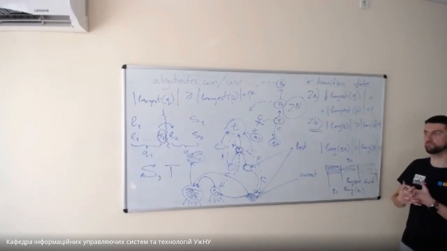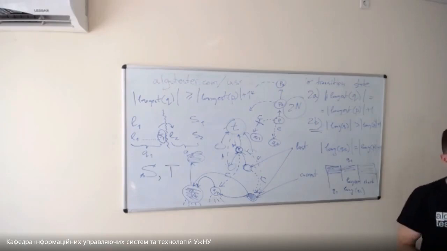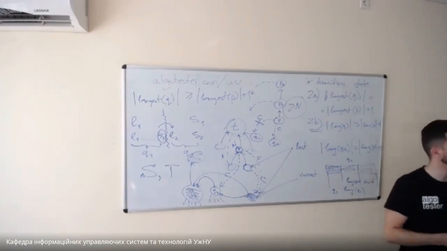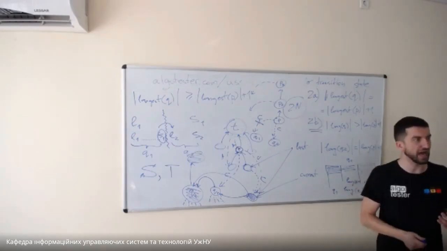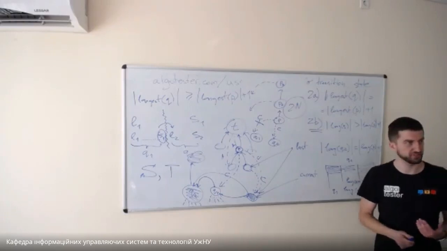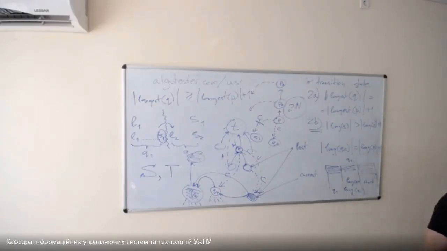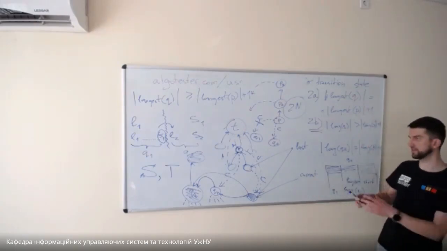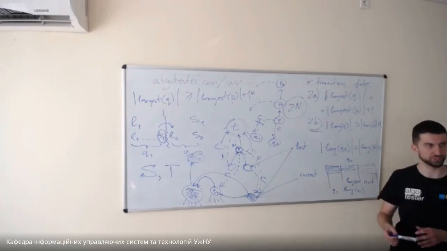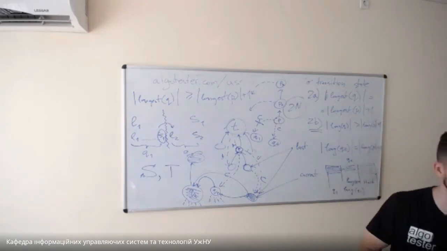Okay, so another problem we can solve with suffix automaton is, for example, if you have a string S and your task is to count how many distinct substrings there are in string S. That is also a problem which can be easily solved with suffix automaton.